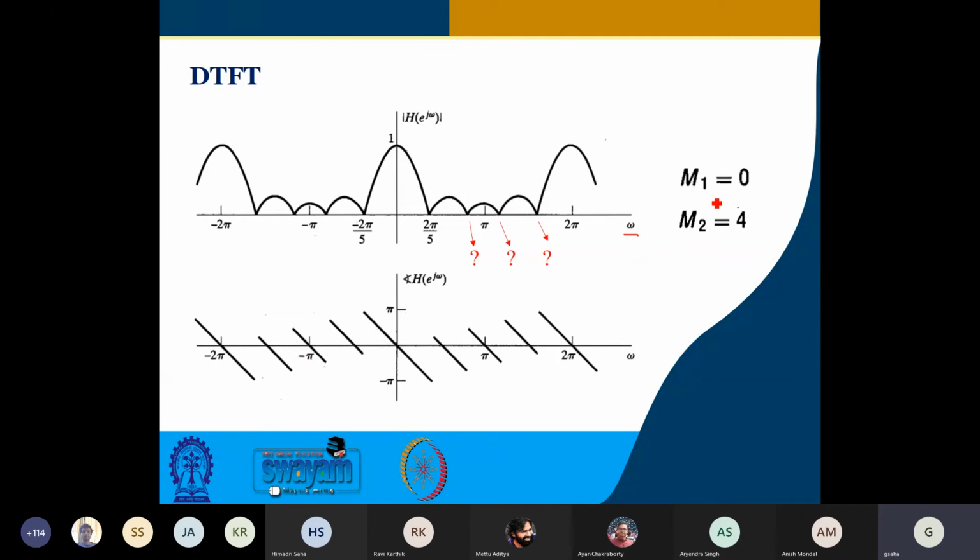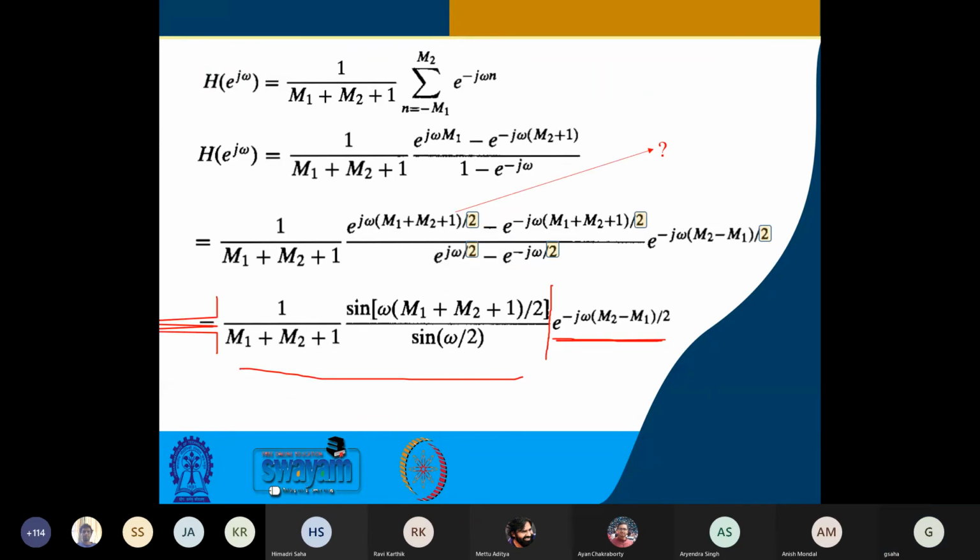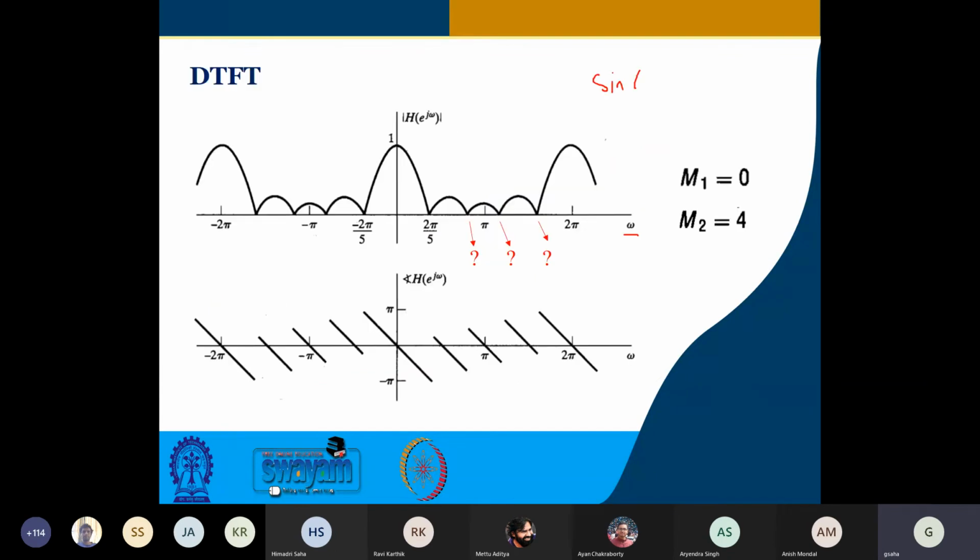In this particular case, if we write it, sine of 5 omega by 2, isn't it? And in the bottom you have got sine omega by 2.